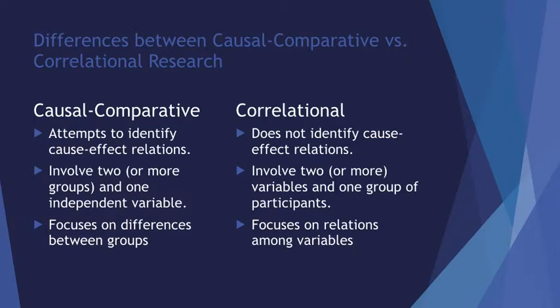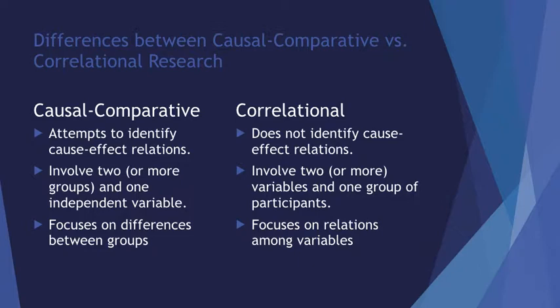Now let's look at some differences between causal comparative and correlational. Causal comparative attempts to identify cause-effect relations. Also, it involves 2 or more groups and one independent variable. Finally, it focuses on the differences between groups.